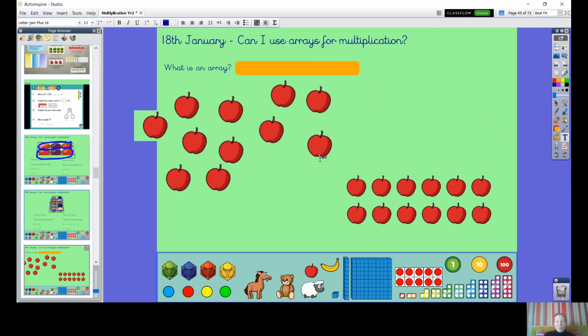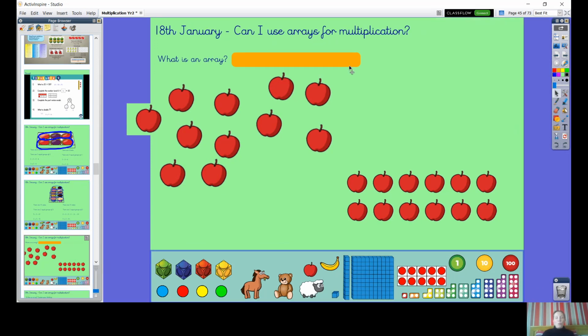So let's think about this word array in here. You've just been looking at arrays, but what do you think it might be? Well, that's right. It is where we organise our pictures. We have an ordered group of pictures. So over here, this is just some apples. Lots of apples randomly placed all over the place.